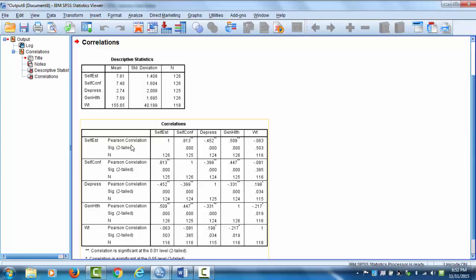So if we go across from self-esteem and down from self-confidence, we see the correlation coefficient is 0.813, and that's the same as if we correlate self-confidence with self-esteem. You'll notice these are the same above and below.